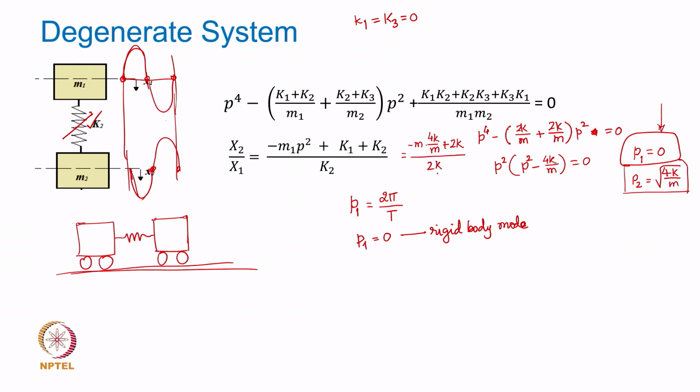Now you can figure that out: this is going to be minus 2k over 2k, that turns out to be minus 1. So, the mode shape for the second frequency is going to be minus 1, which is expected in this case, right. This is basically your degenerate system.